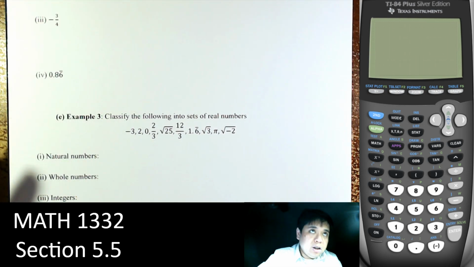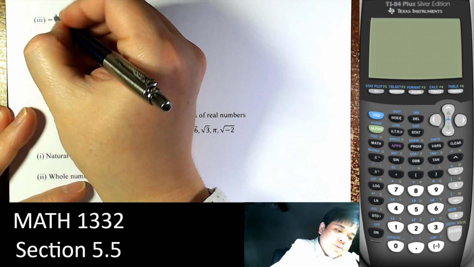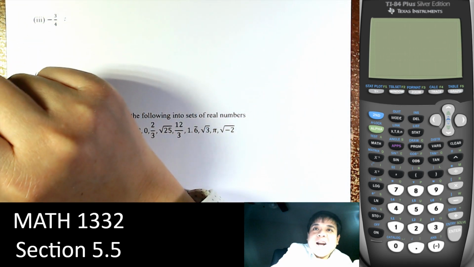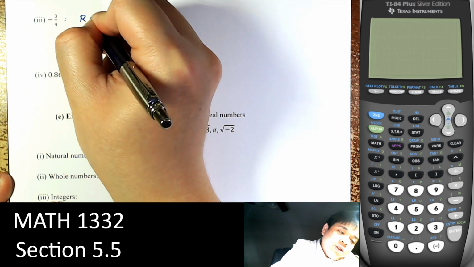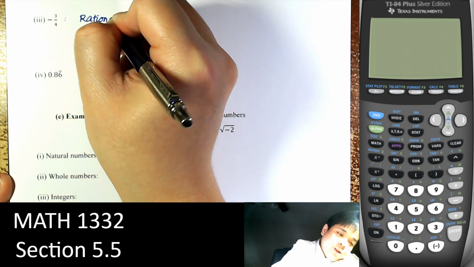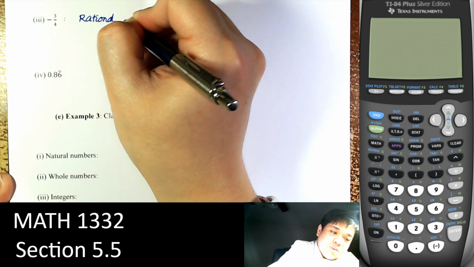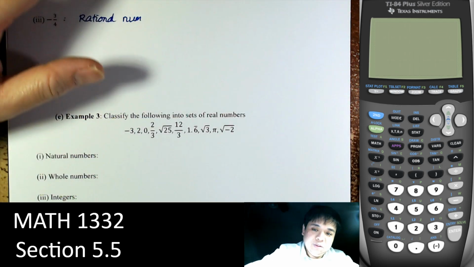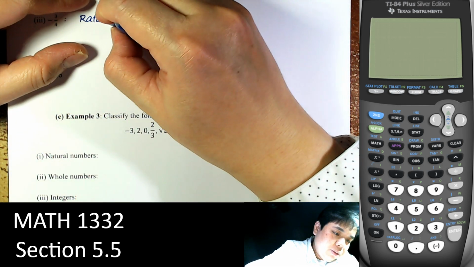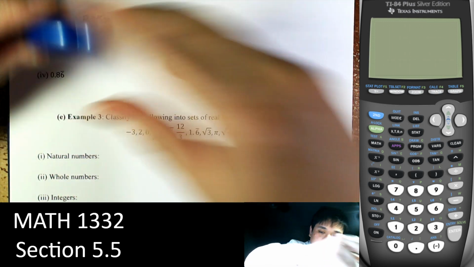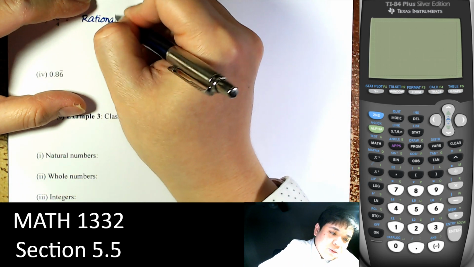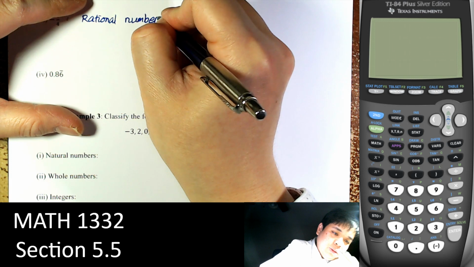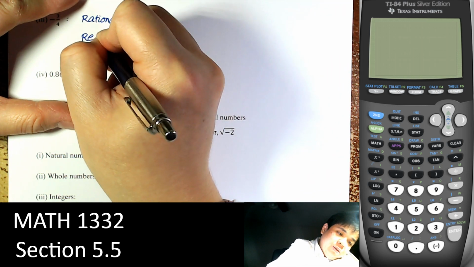Negative square root of 3 over 4. Well, it is a fraction for sure, so it's a rational number, and also a real number.